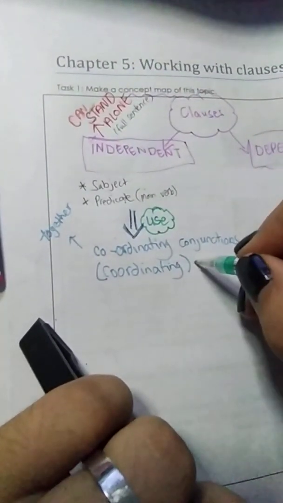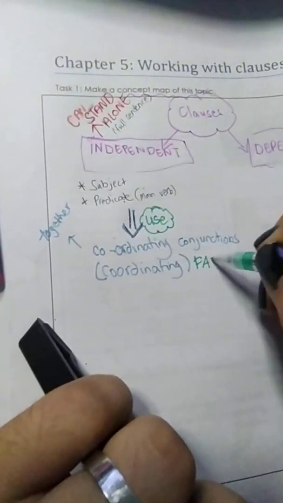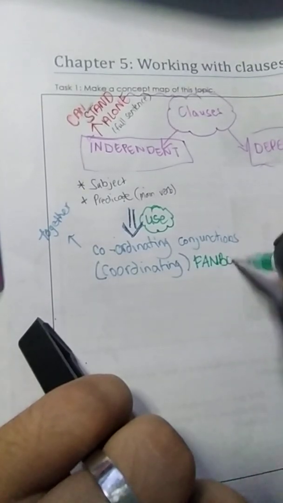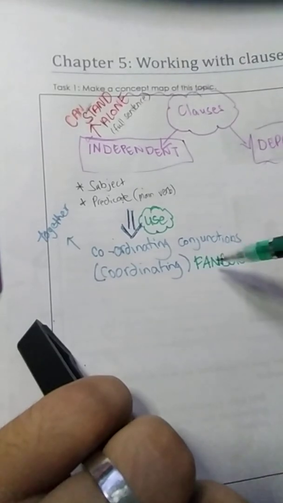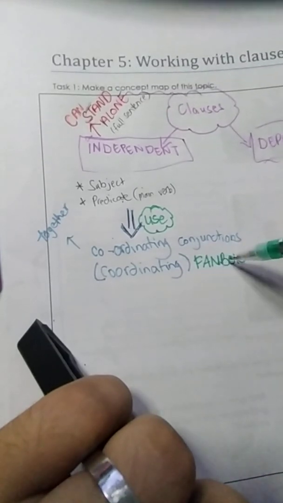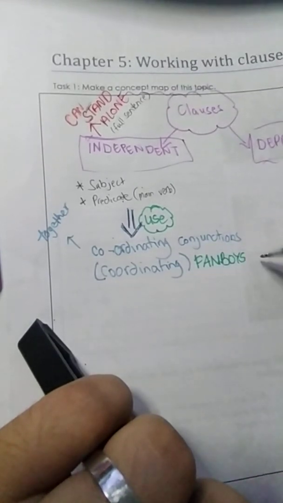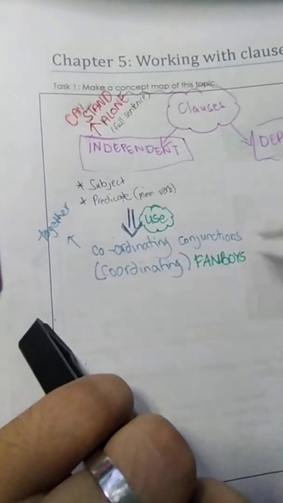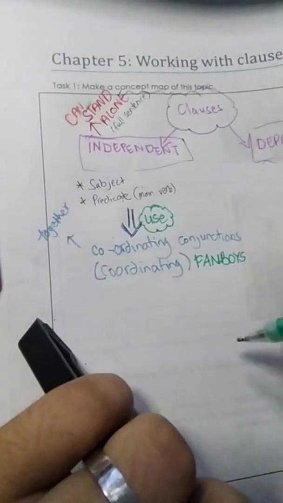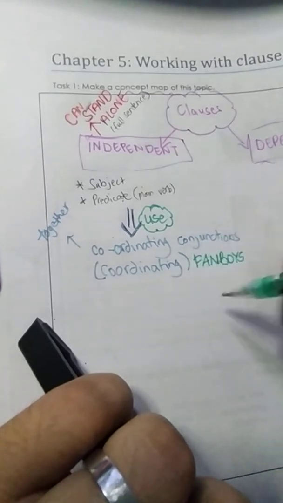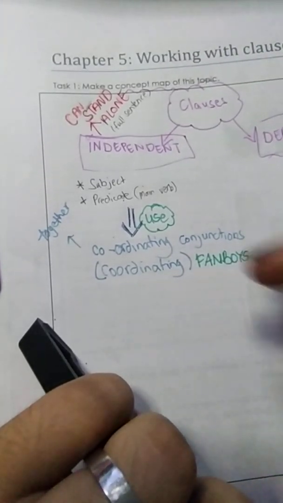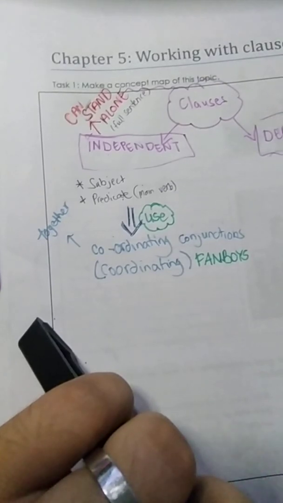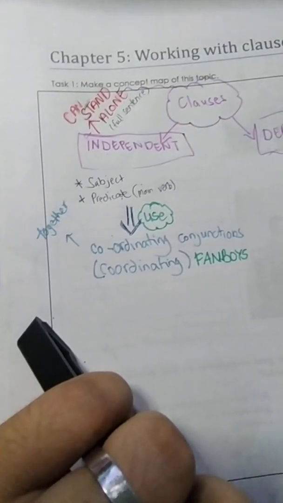Now for the coordinating conjunctions, you will have heard this one: FANBOYS. For, and, nor, but, or, yet, so. Now, you can memorize them by all means. Go ahead and memorize them. But I think it is better if you understand what a coordinating conjunction does.